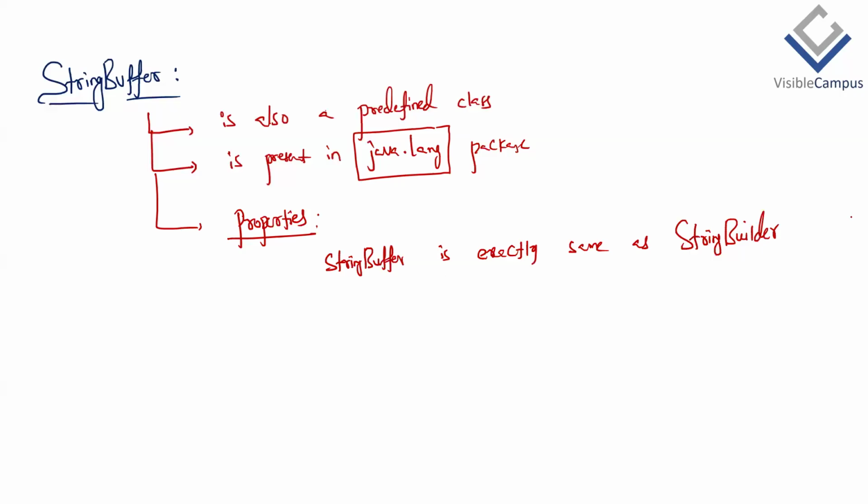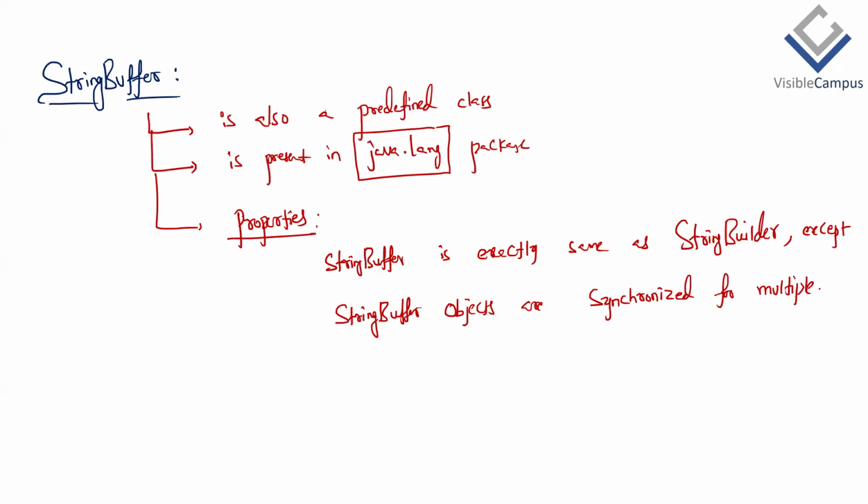When there is no difference, then why should we have one more? Except for this: StringBuffer objects are synchronized for multiple threads. So StringBuilder is not synchronized, StringBuffer is synchronized for multiple threads.